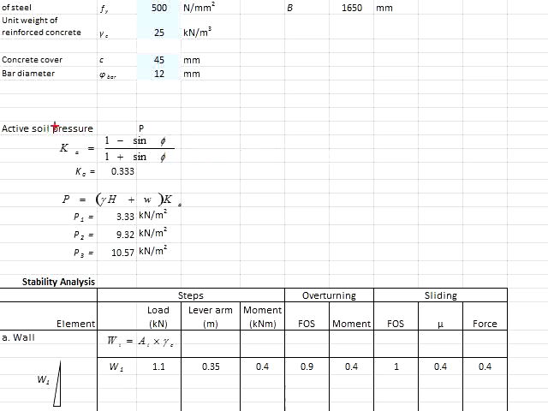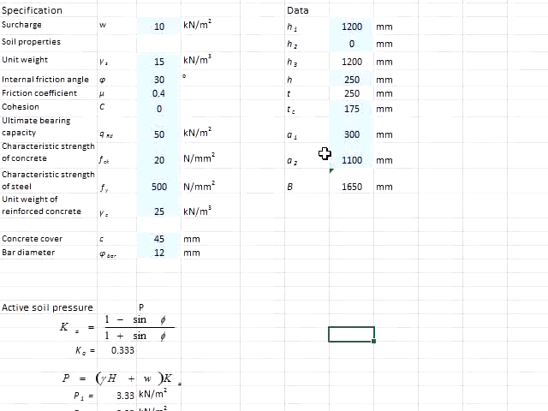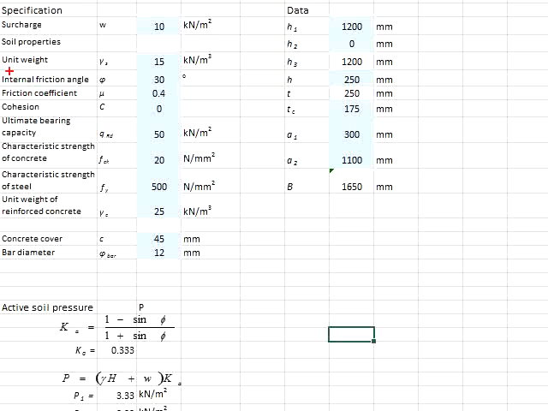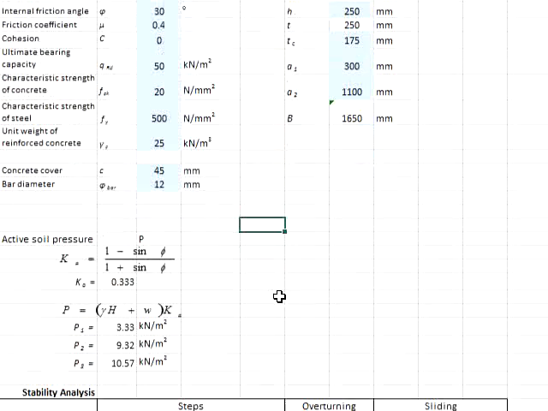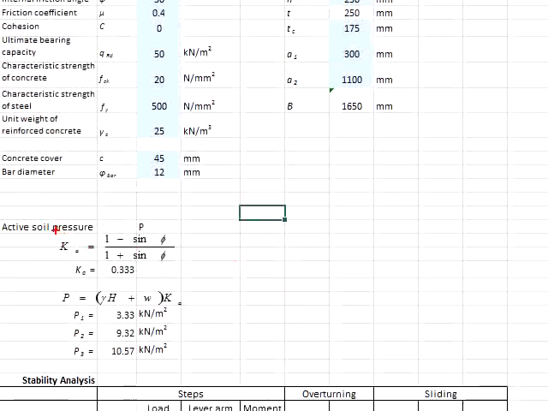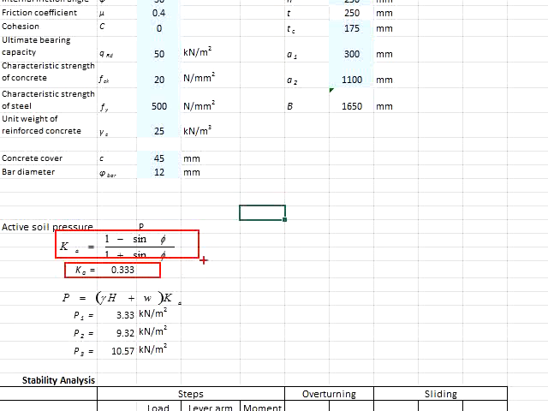It is determined by using these equations, and it requires the data of phi here. This is actually the internal frictional angle, which is given as 30 degrees. Substituting the angle in the equations, you obtain Ka equals 0.33.